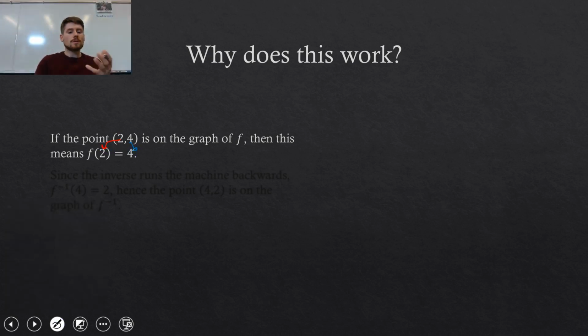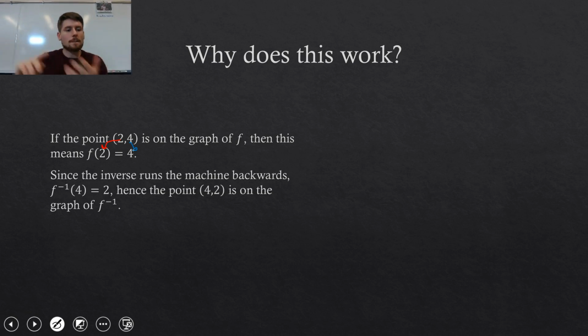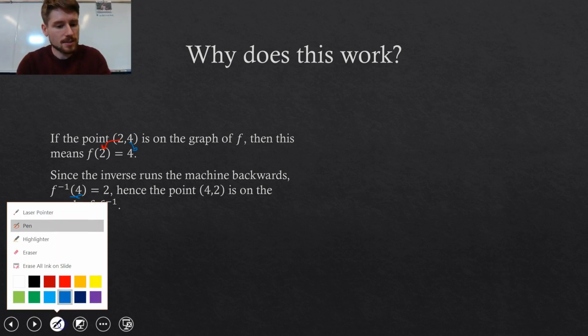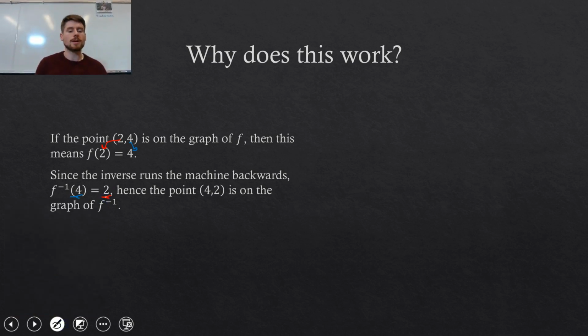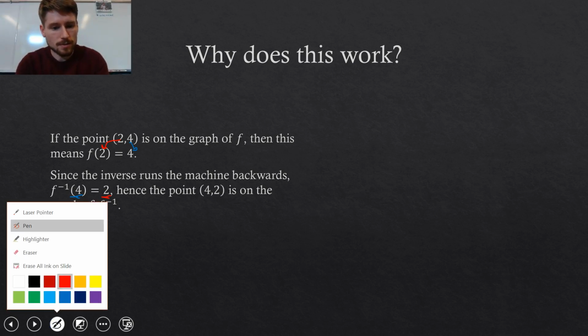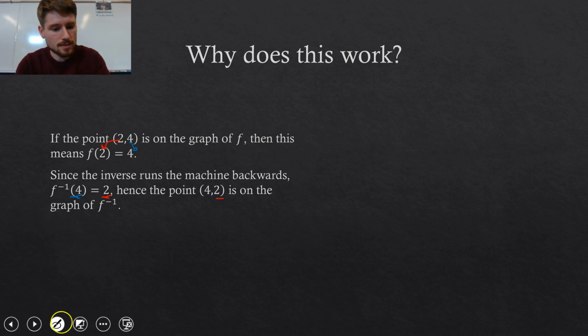Since the inverse is the machine backwards, you're plugging y's in and getting x's out. Then if you plug 4 into the inverse machine, that's going to give you 2 as the answer. This 4 was the output, and it's giving us 2, which was the input. That tells you that (4, 2) is on the inverse function's graph.